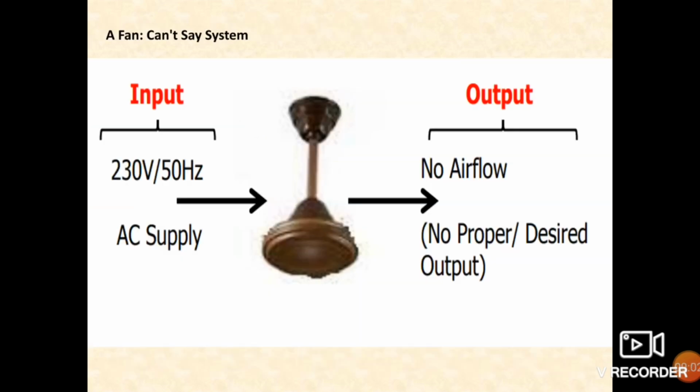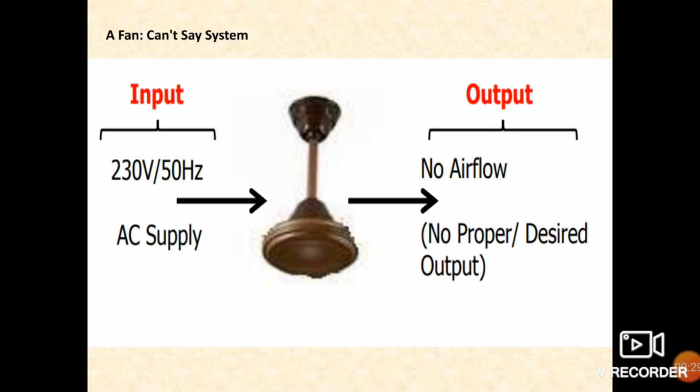See here in this slide, you all can see we have a fan without blades. Okay. If we have a fan like this, a fan without blades can't be a system. Why am I saying so? Because what is the output of a fan?